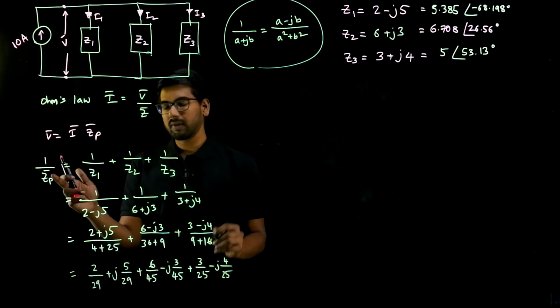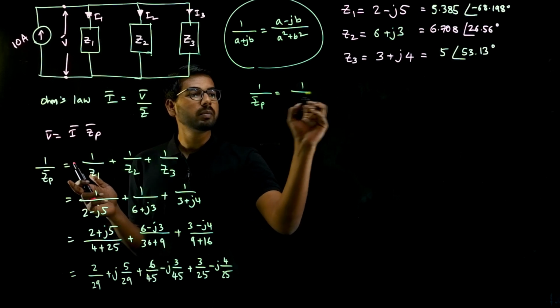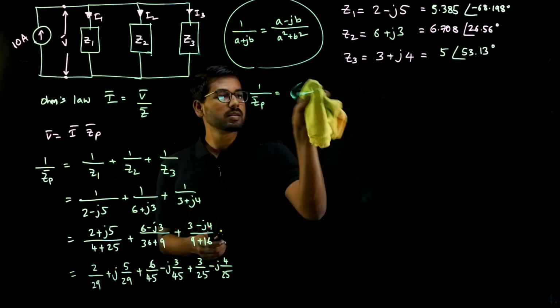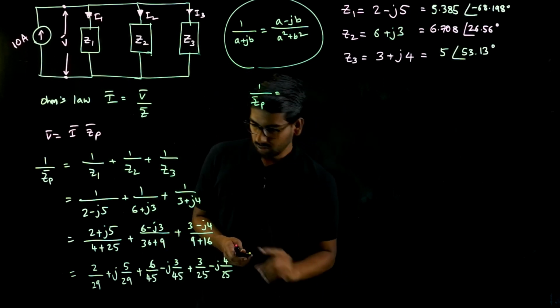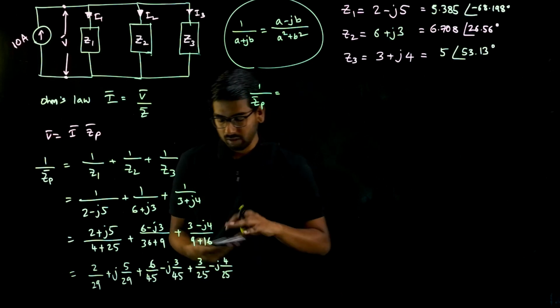So 1 by ZP is 2 by 29 plus 6 by 45 plus 3 by 25, for the real part. Use your calculator.